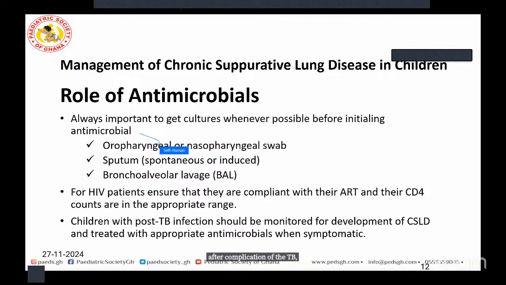But in some places, they may also have bacterial superimposition. So in that case, if they are presenting with fever and other respiratory symptoms, low saturations, and stuff like that, you have to then treat with appropriate antimicrobials.